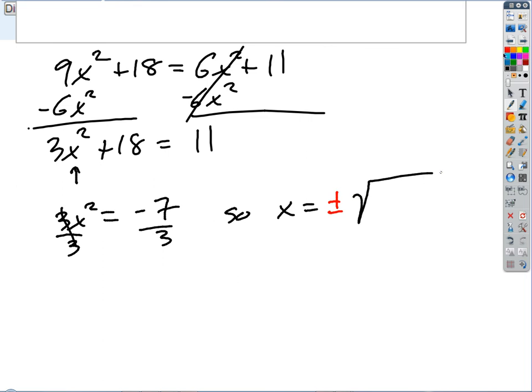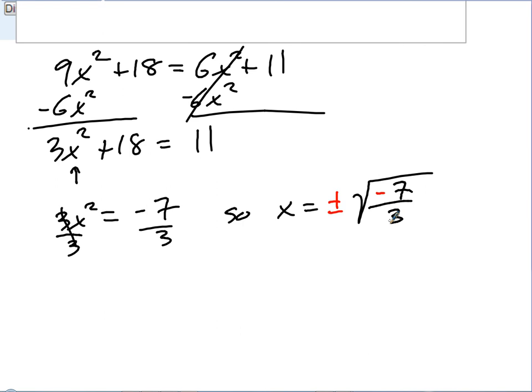The square root of negative 7 divided by 3. And when I see a negative sign inside a radical, what's that telling me? Yeah, I'm going to break the negative out as an i, right?